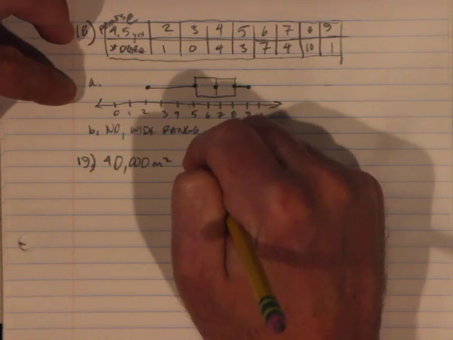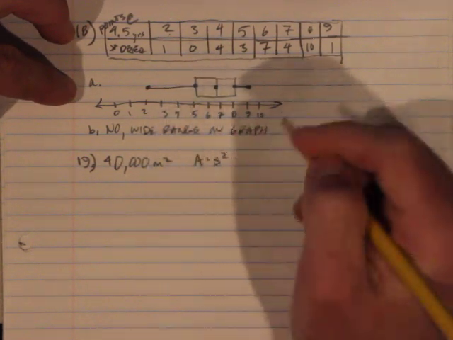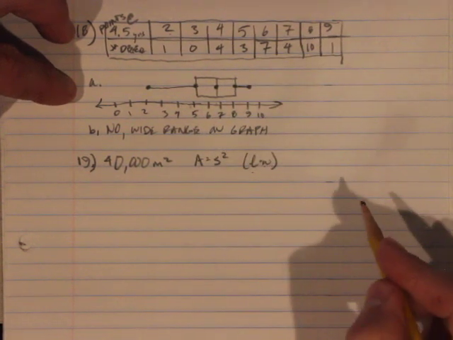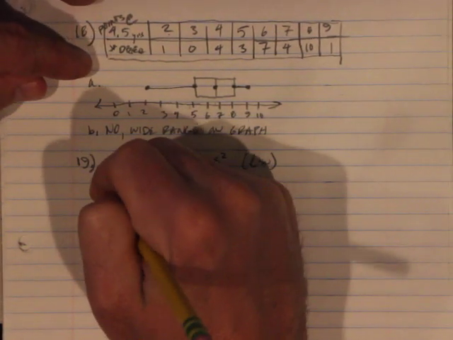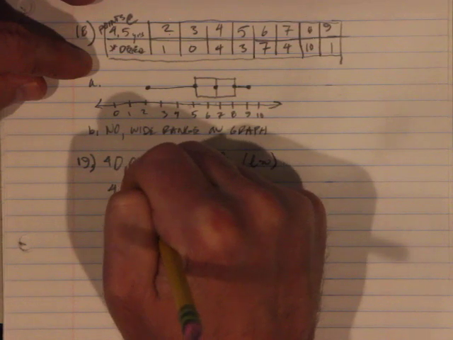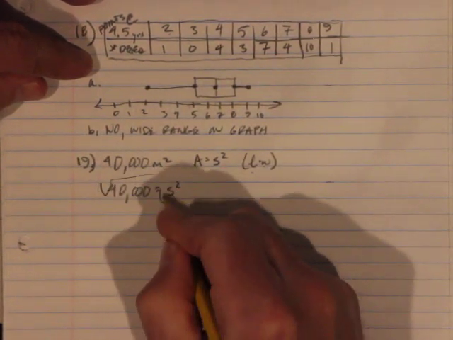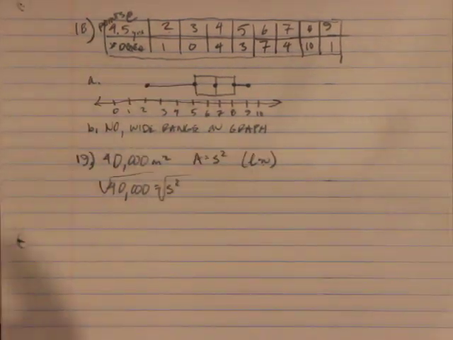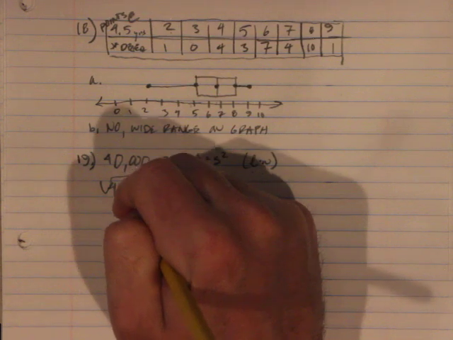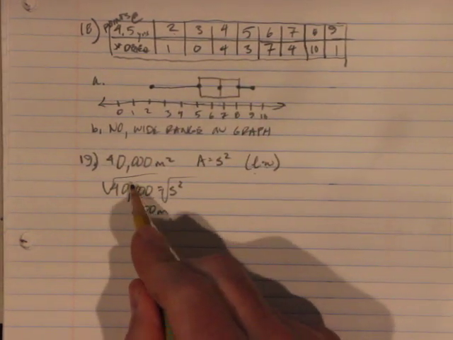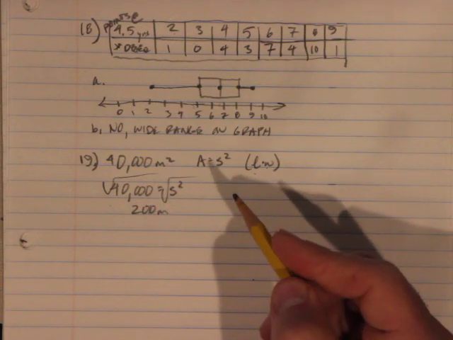The area of a square is side squared, or length times width, knowing that the length and width are the same. So all I have to do is take this 40,000, set it equal to s squared, take the square root of both sides, and that gives me 200 meters. 200 times 200 is 40,000.